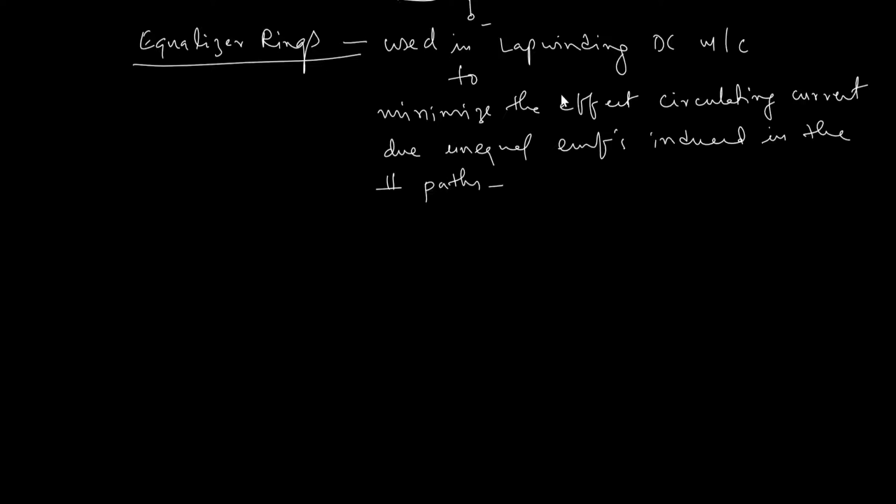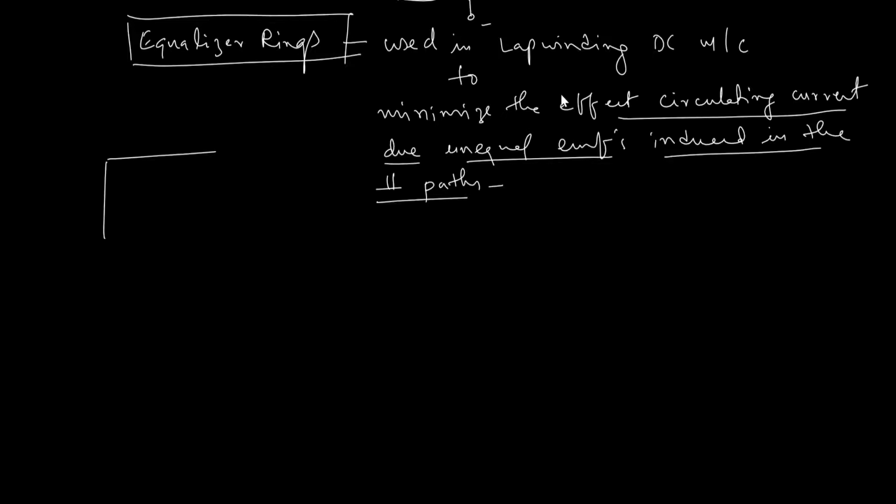Okay, so the purpose of equalizer rings is to minimize the effect of circulating currents which are caused due to unequal EMFs induced in the parallel paths, because we have so many parallel paths in the lap winding. All EMFs induced in these paths should be equal, otherwise there will be circulating currents in between these loops.